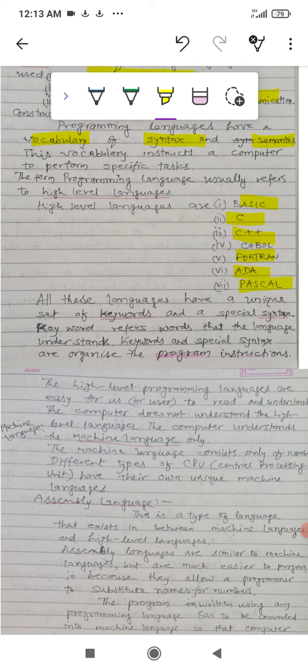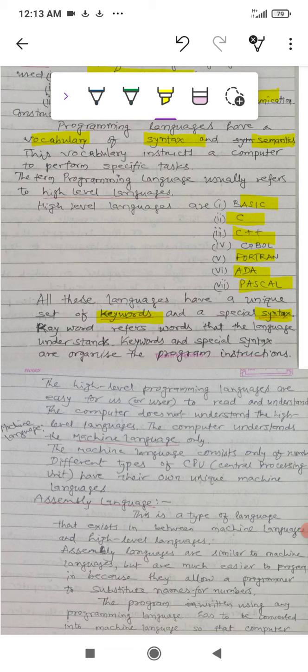These are high-level languages. All these have a unique set of keywords, अपने अपने कीवर्ड होते हैं इनके, and a specific syntax. हर लैंग्वेज का अपना syntax होता है.